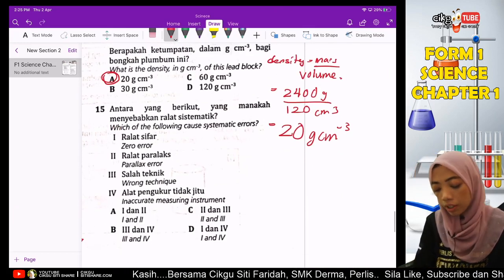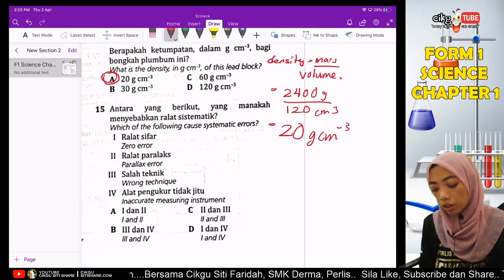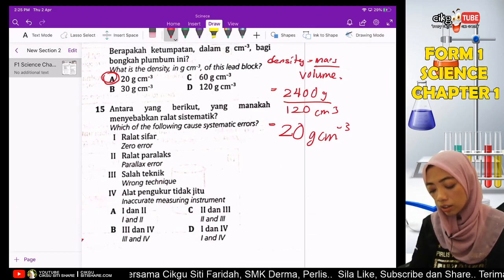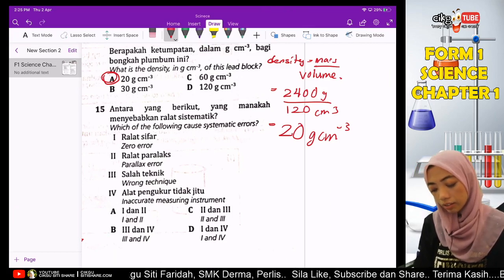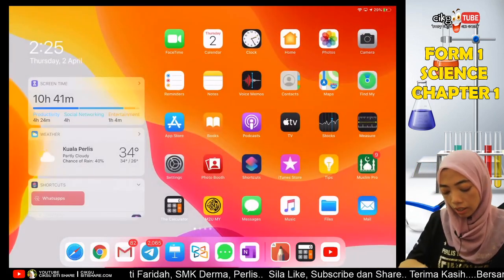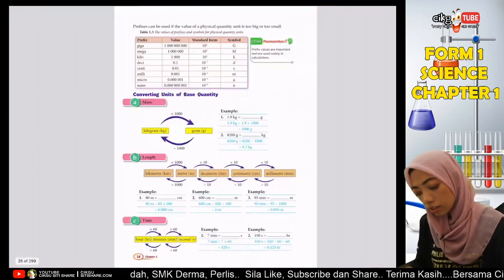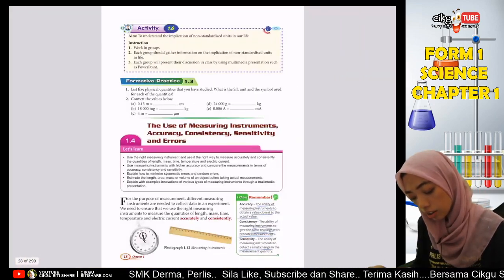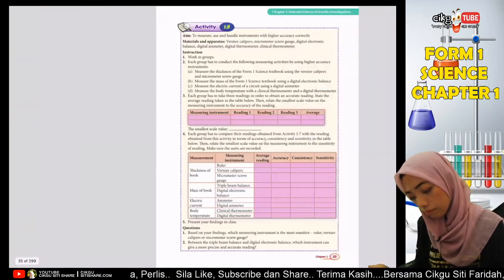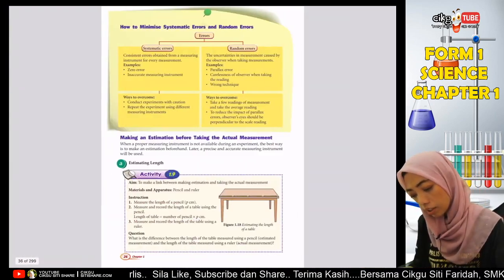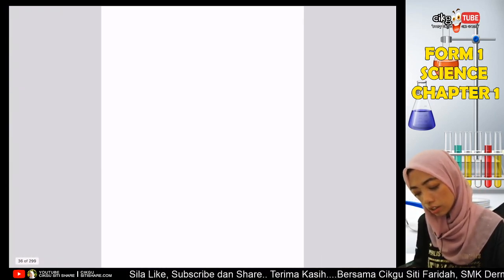Okay, number 15. Which of the following cause systematic error? Okay, let's study about systematic error.